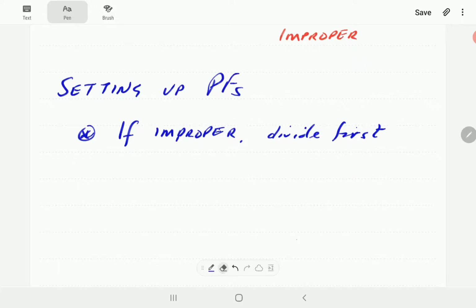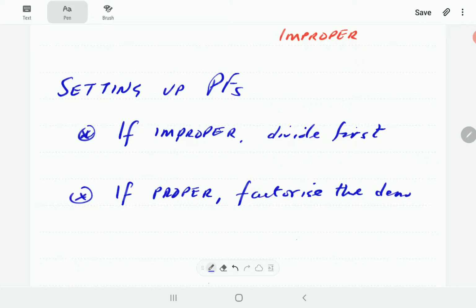When we divide first, the part of the division which is like the remainder over the divisor, we then expand that into partial fractions. But if the fraction is proper, then we simply resolve into partial fractions after factorizing the denominator.